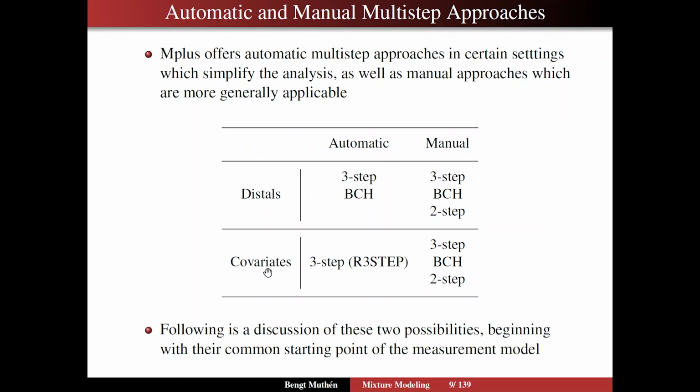For covariates, we have only 3-step, called R3STEP, regression 3-step, regressing on X's, whereas the manual approach adds BCH and 2-step. I'm going to discuss these two possibilities of automatic and manual, and begin with the common starting point of the measurement model, the first step of the analysis.